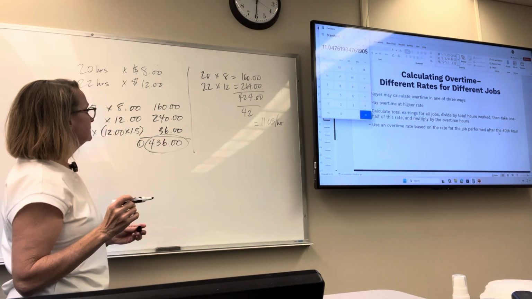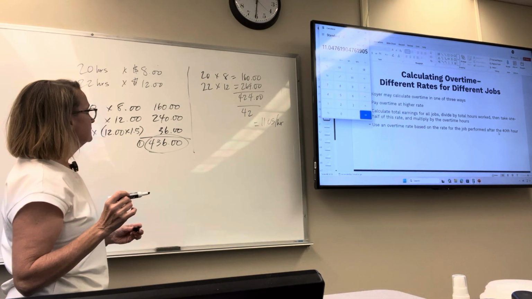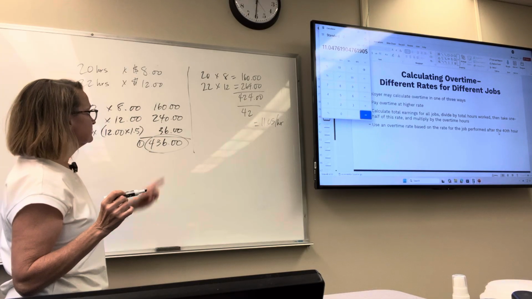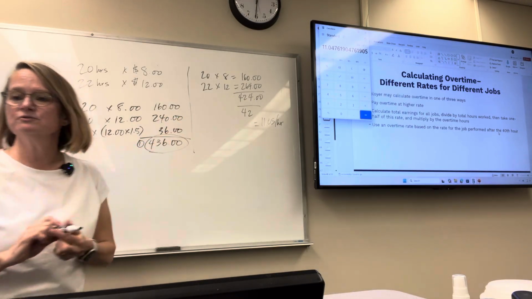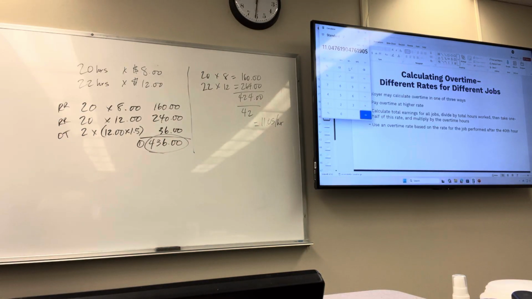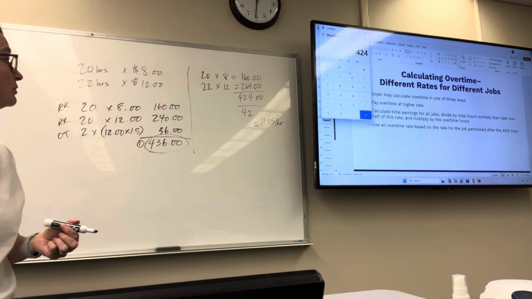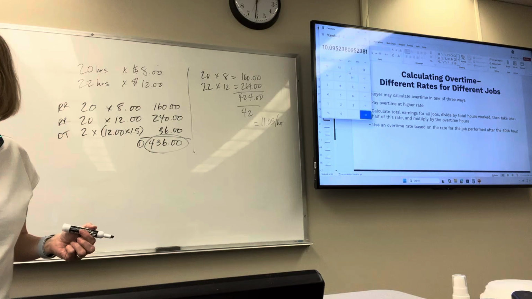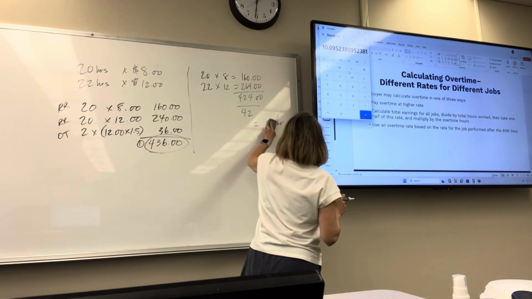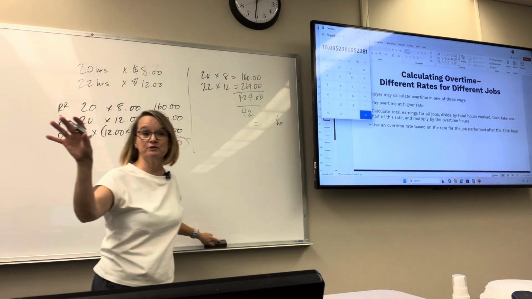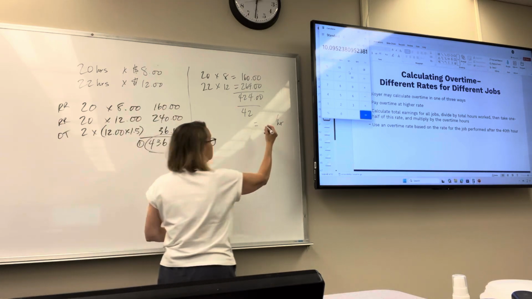You said 464 divided by 42. It's 424. Did I say 464? Okay, 424 divided by 42. Okay, 10.10. Thank you. I expect you to correct me because that happens.